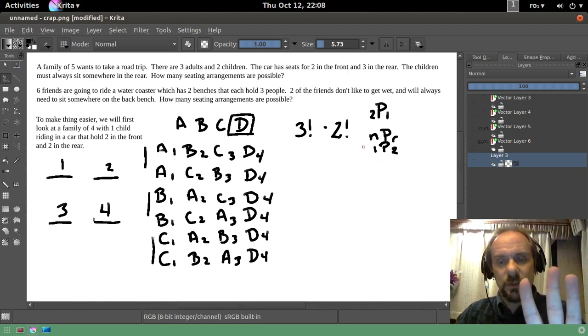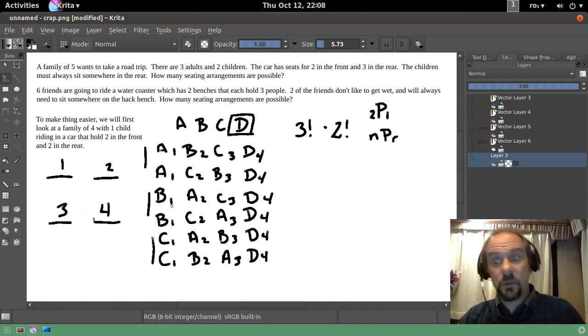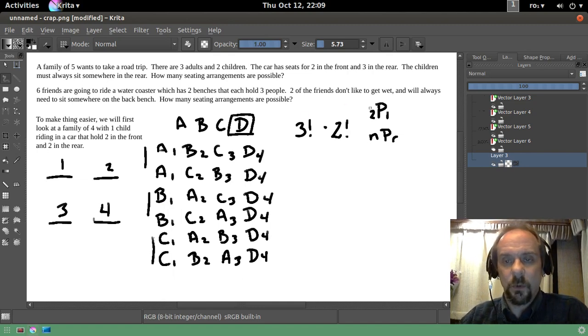So what we really can do is just switch it around and say that rather than permuting one child over 2 seats, we can permute 2 seats over one child, or the seats choose the child sort of thing, except it's not a combination. But you get the point. We can do 2 over 1 this way. So when we're doing 2 here, we're talking about these 2 seats and how many different ways they can combine with the single child. It works out the same with the math, so it's all good.